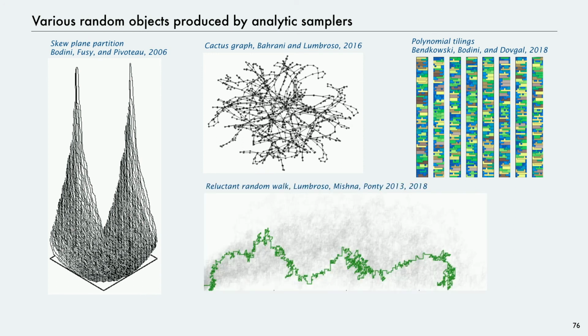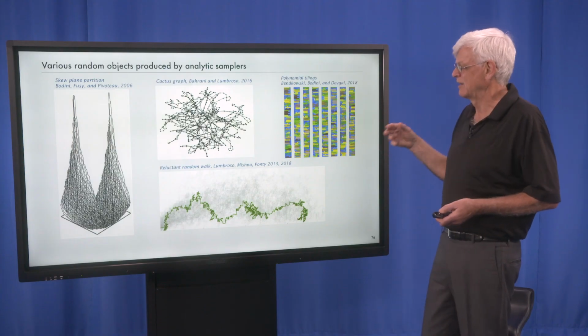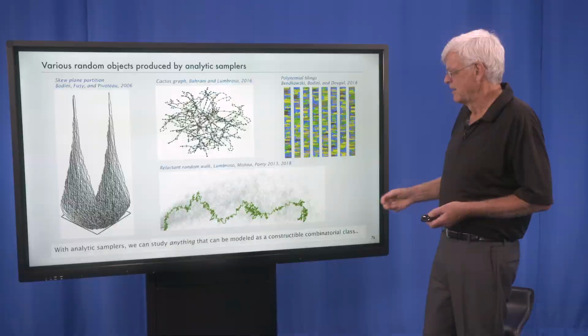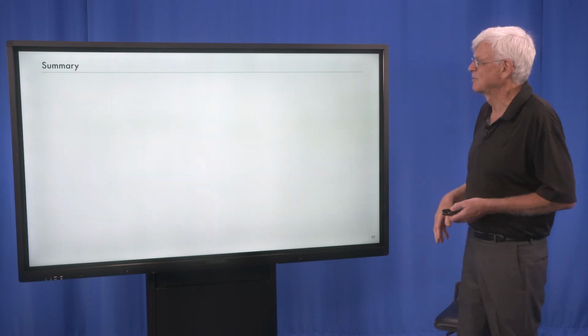And this last one is a so-called reluctant random walk. Again, completely different types of combinatorial structures, but we can generate big random ones and study their properties. With analytic samplers, we can study anything that can be modeled as a constructible combinatorial class.